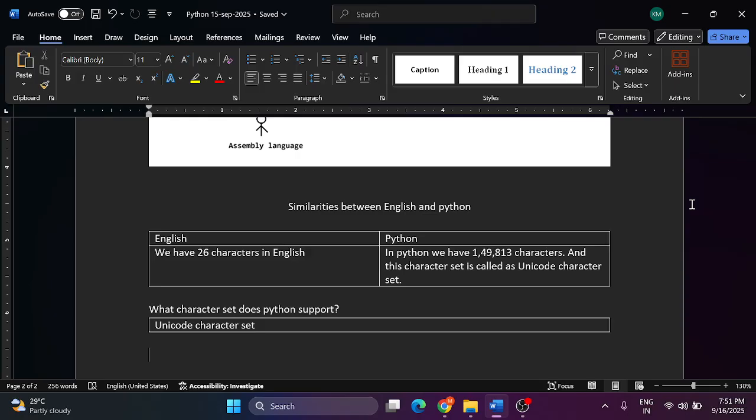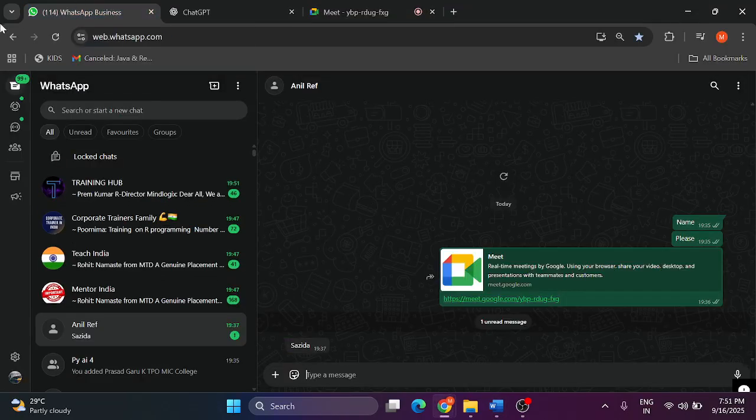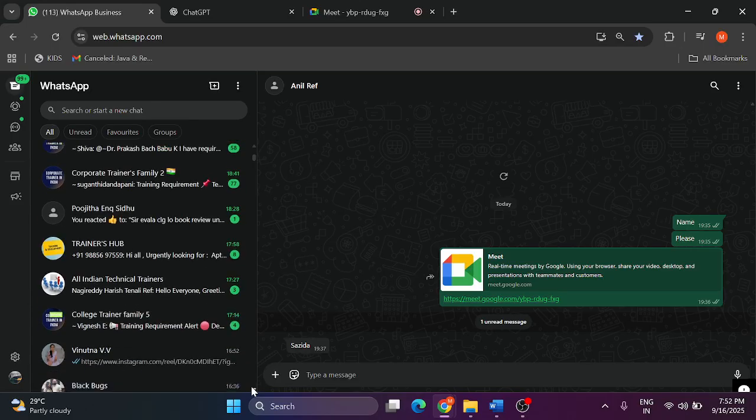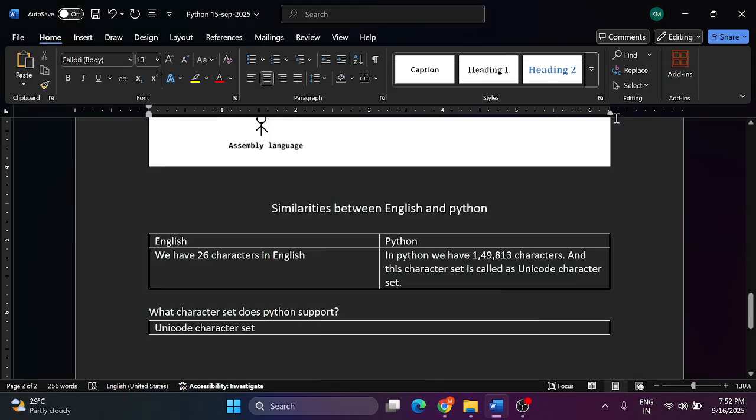Not only these things, right? In social media, you might be sending messages to others, right? When sending messages, we send different symbols, like a heart symbol, this symbol, that symbol. For example, I sent a thumbs up symbol here, right? Those symbols are also supported by Python.